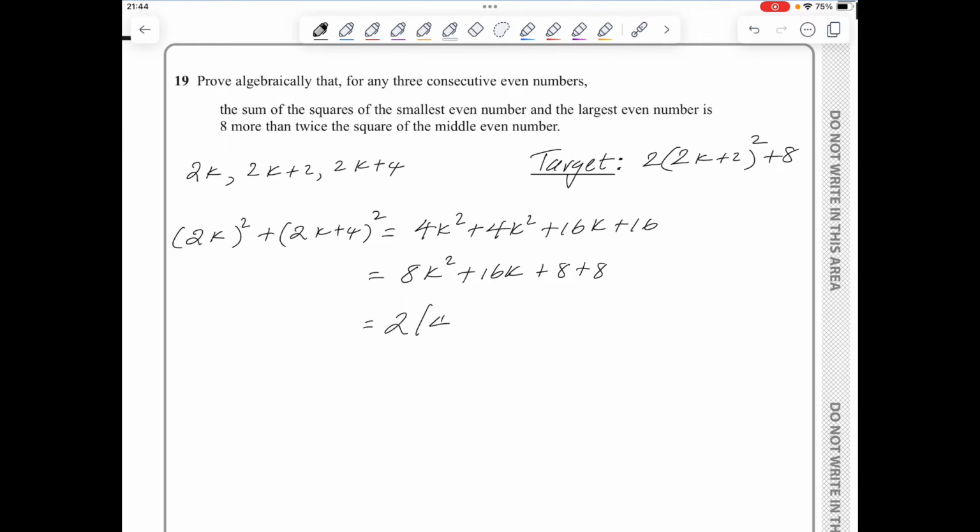So 2 times (4k squared plus 8k plus 4) plus 8. And then you just need to recognize that this, when factorized, gives me this term squared. So 2 times (2k plus 2) squared plus 8, as required.